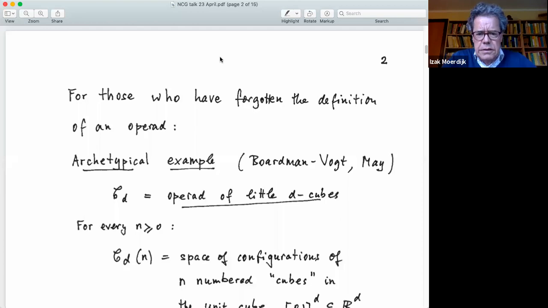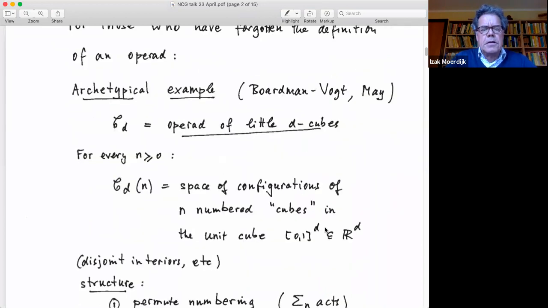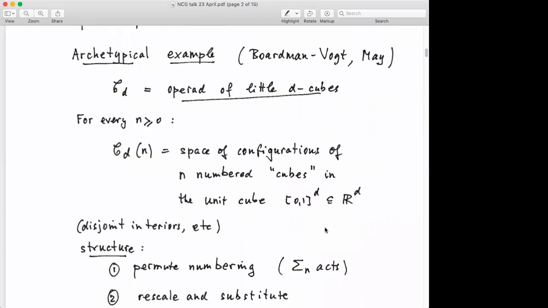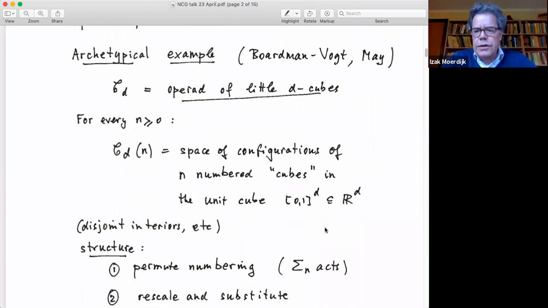It's called the little cubes operad. So it exists in any Euclidean dimension D. So you have C_D for every D, at least one, let's say. So this C_D is a lot of information.